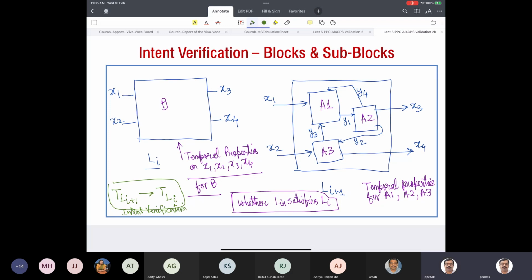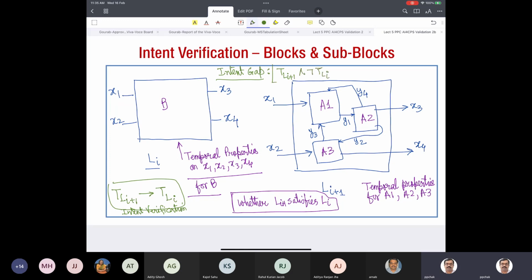So this is the formal method, and if it does not, how do I find the gap? What is the intent gap? The intent gap can be determined by the formula TLI plus 1 and not TLI.